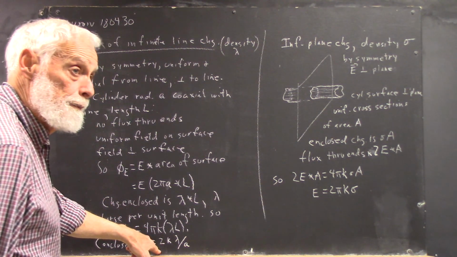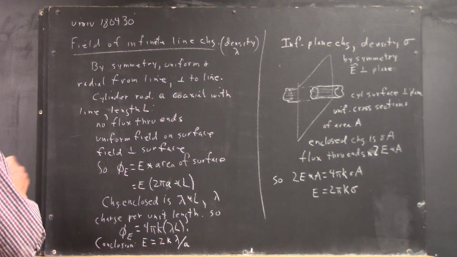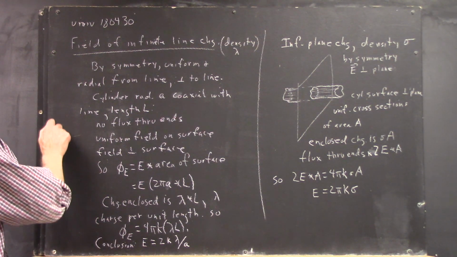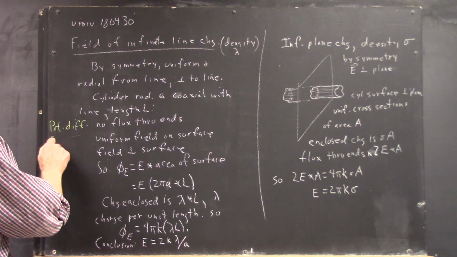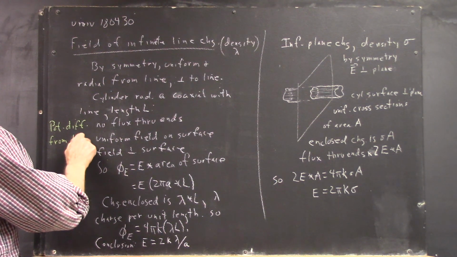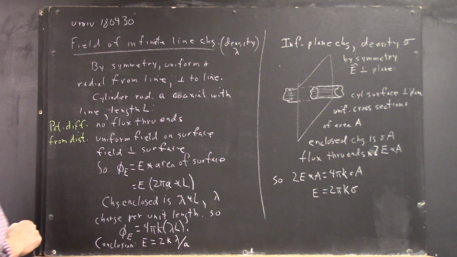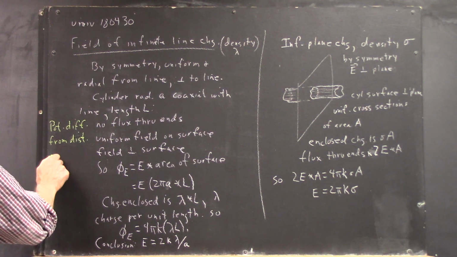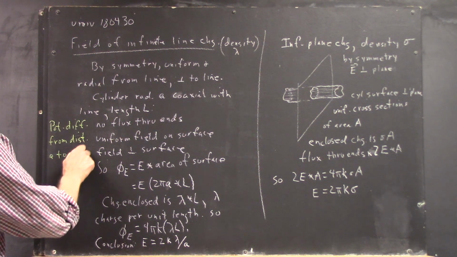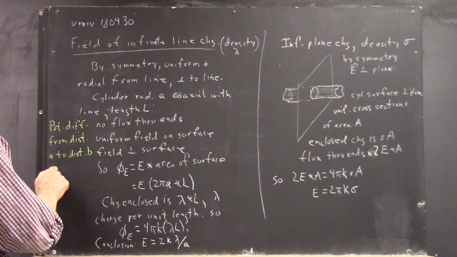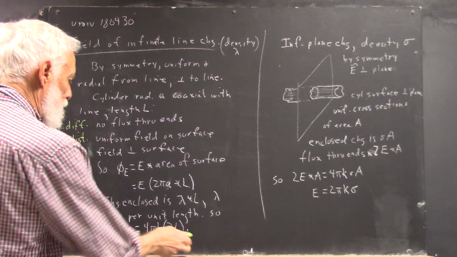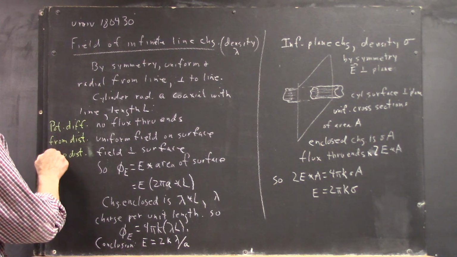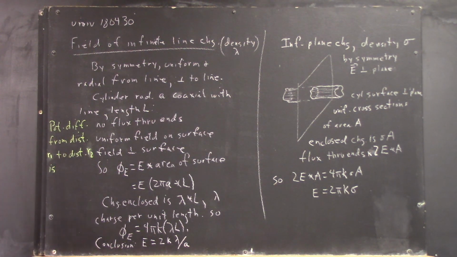For this field, the potential difference between, and I said distance A to distance B, I want to change that because I don't want to have to replace A. I'm going to call it R1 to R2. Okay? Is what?